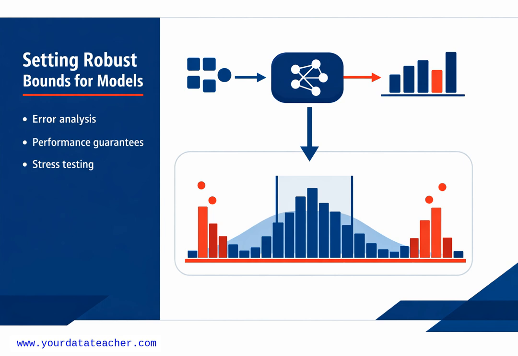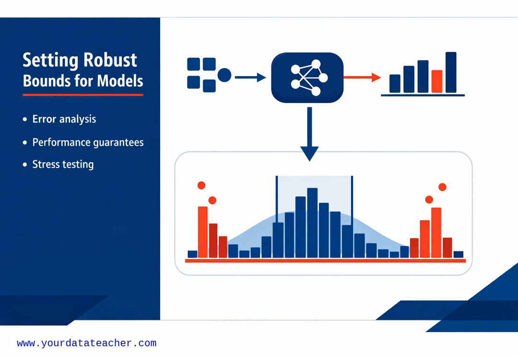That shaded central region on the error chart represents this guaranteed band, while the red tail points show the small fraction of large errors that Chebyshev allows. This is extremely valuable in risk-averse domains like finance, operations, or healthcare, where you want worst-case style assurances, bounds that hold even if the true error distribution is skewed, heavy-tailed, or just unknown.